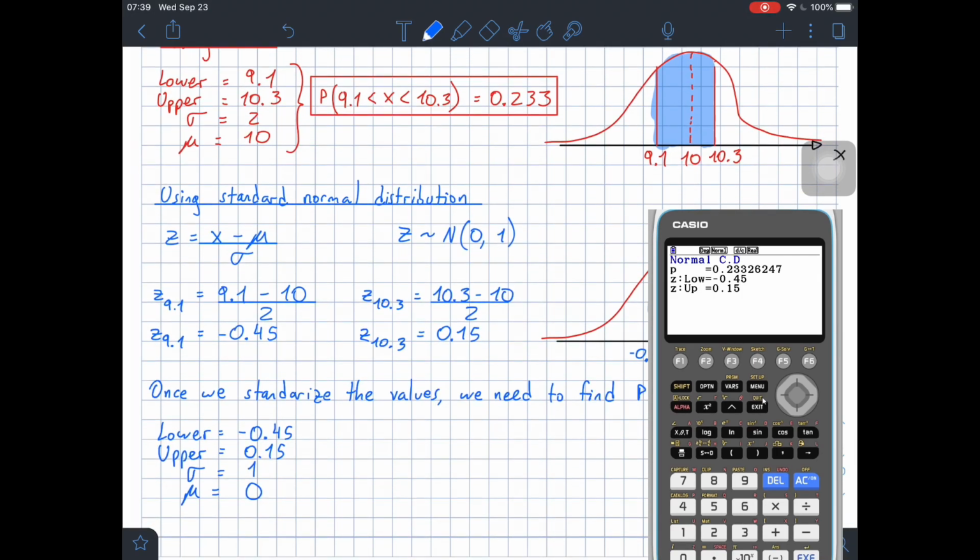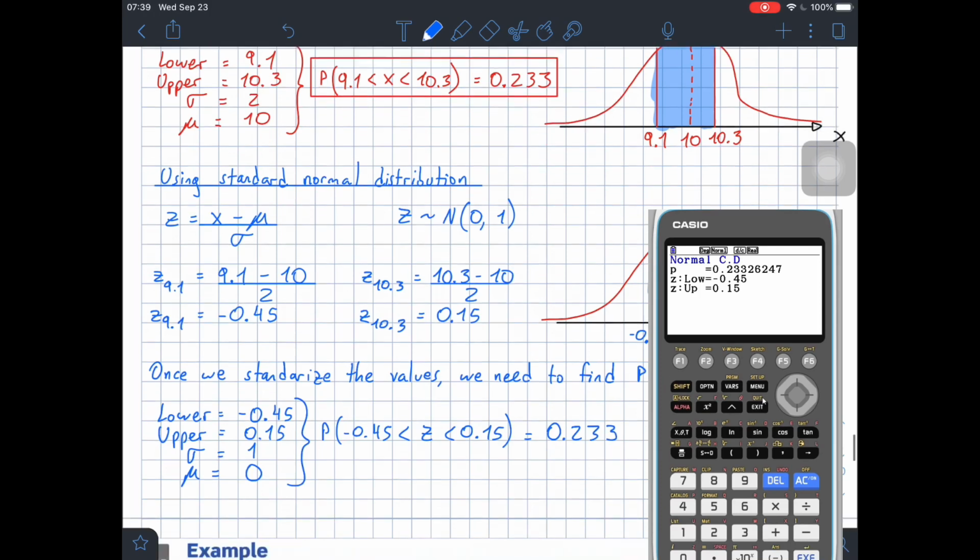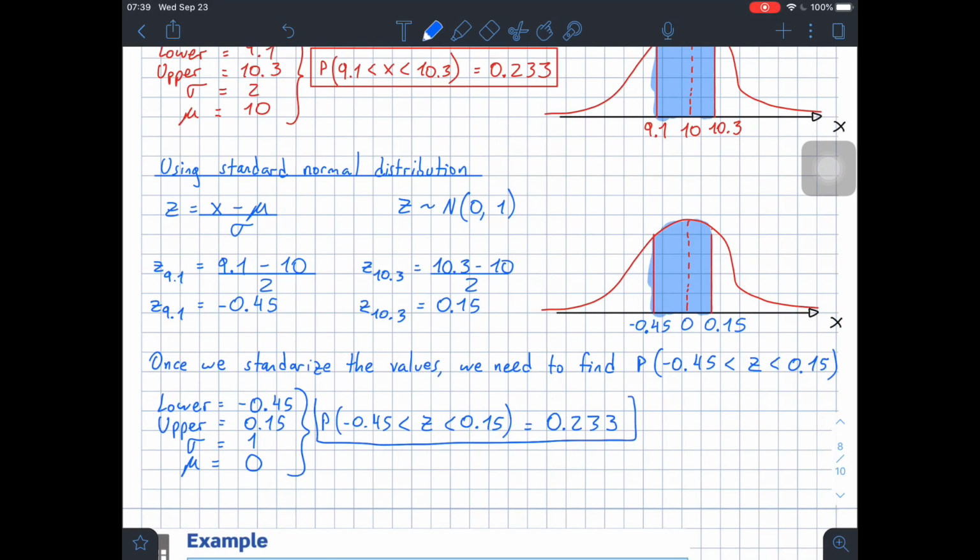So let me write this down. We're gonna say that the probability of being between negative 0.45 Z and 0.15 is exactly the same value, 0.233.